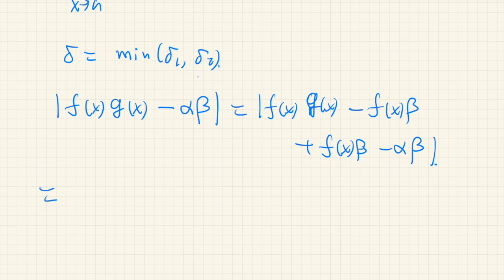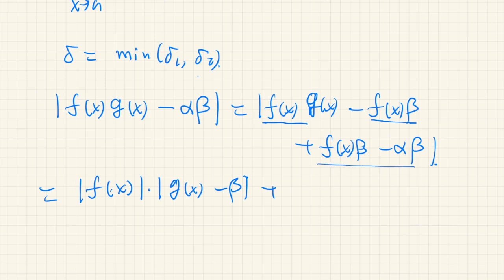Using the triangle inequality again, we have absolute value of f of x times g of x minus beta, plus absolute value of f of x minus alpha times beta.